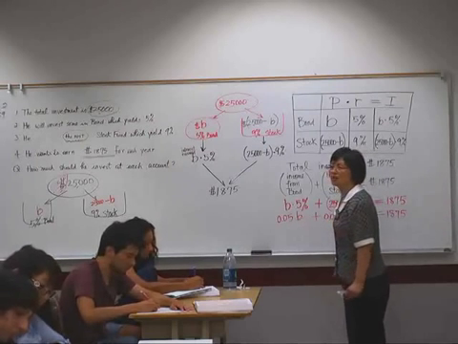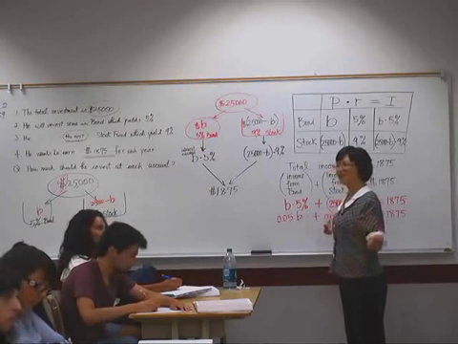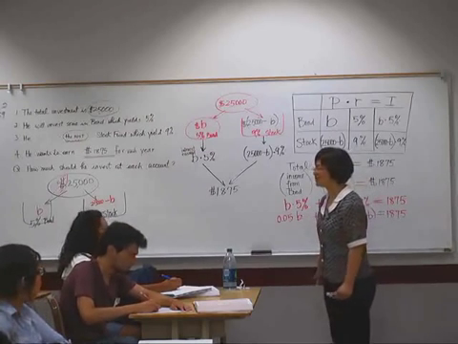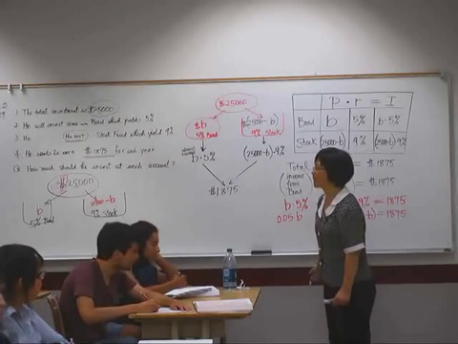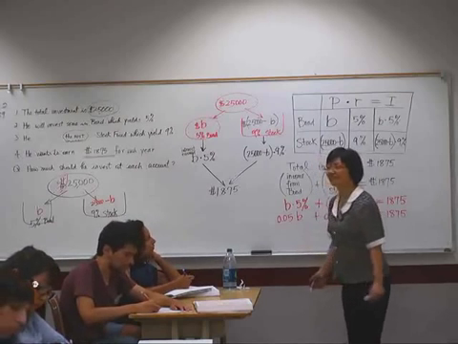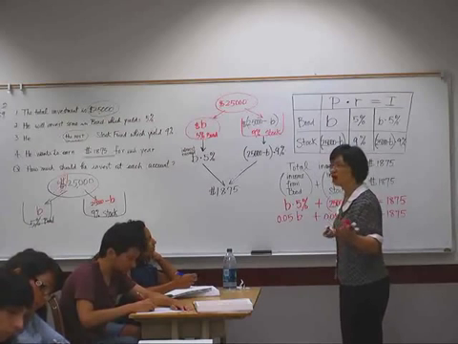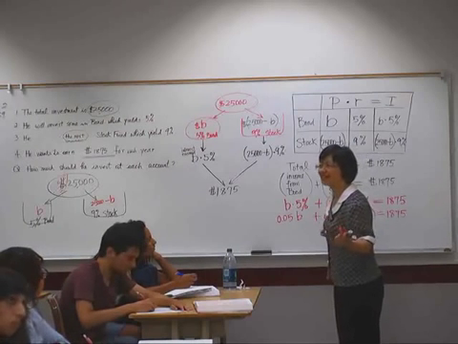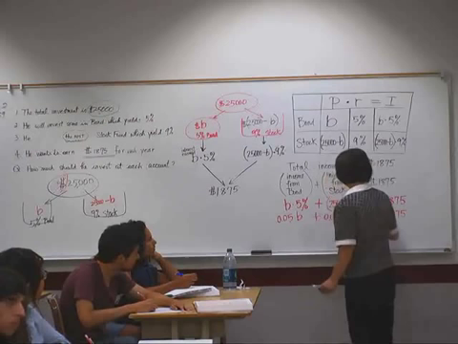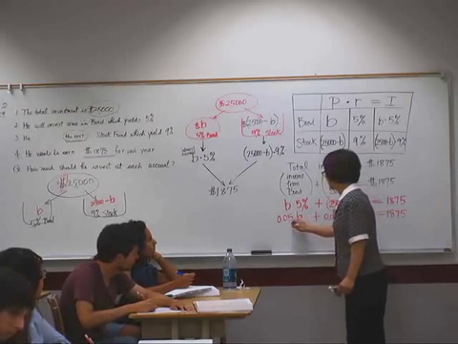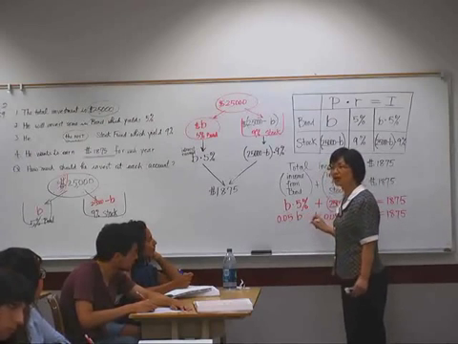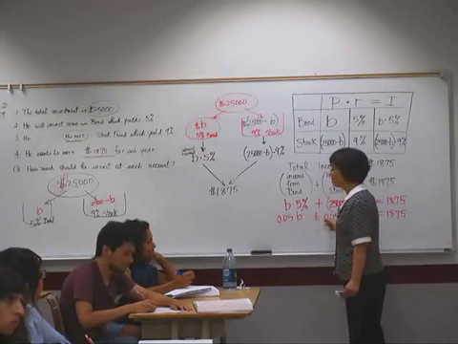How do we solve this equation? This is an equation with decimal points, right? What would you do? You distribute it, or you multiply by 100 on both sides. Okay, let's multiply both sides by 100. Every term multiplied by 100.